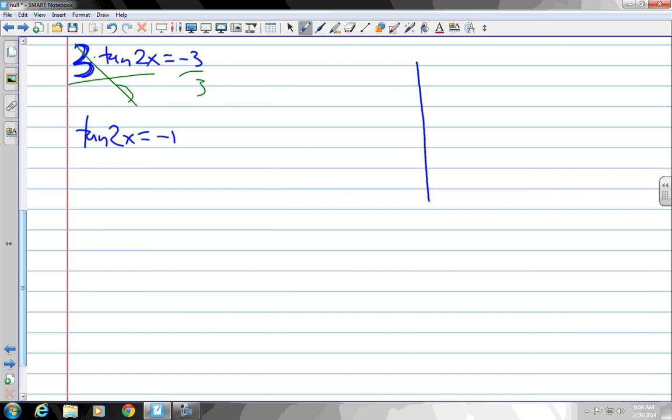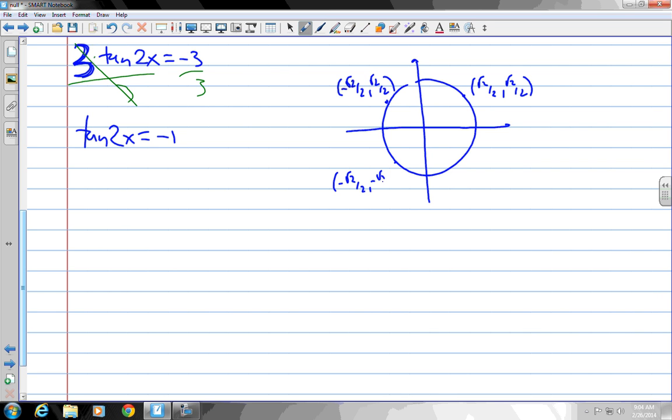If you think about the points on the unit circle where sine and cosine are close, you have this one, you have this one, you have this one, and you have this one.